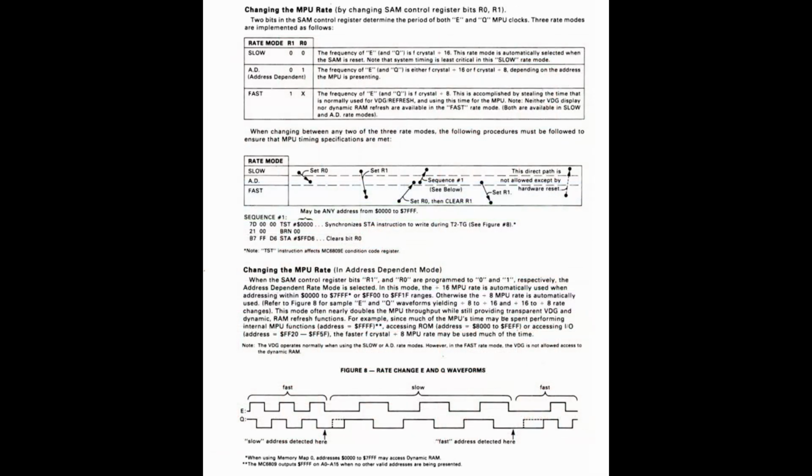To make things more complicated, the SAM has 3 different CPU speeds: slow, address-dependent fast, and full fast. In the fast modes, the CPU aims to run at double speed, but where it is address dependent, that only applies when it isn't actually accessing a slow device, generating video, or performing a RAM refresh.